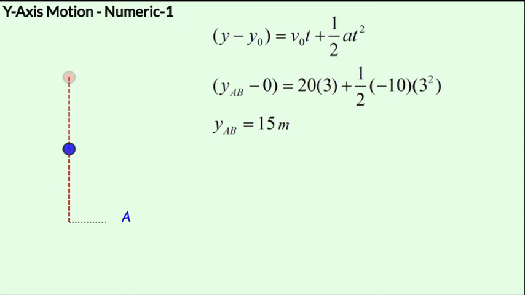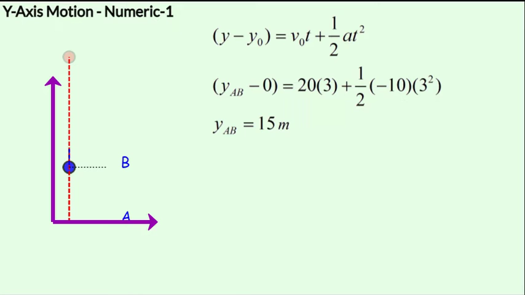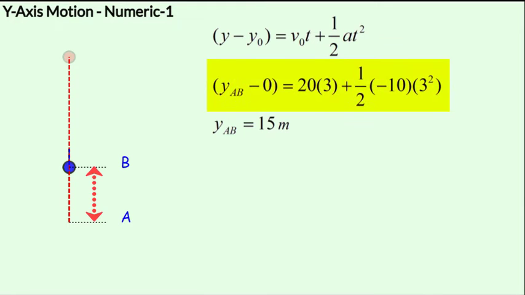Let's take the blue ball first, and we apply the second equation of motion to this ball. Our origin is at the bottom at the launch point, so the initial displacement would be 0 and the final displacement would be the distance AB, which is unknown to us.